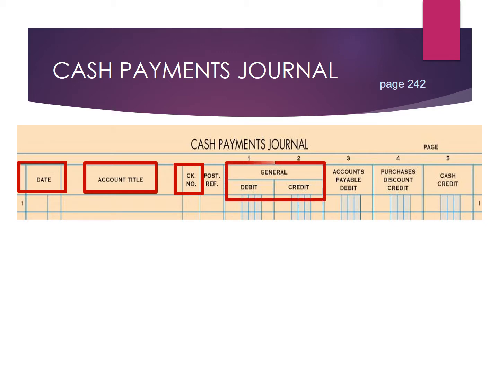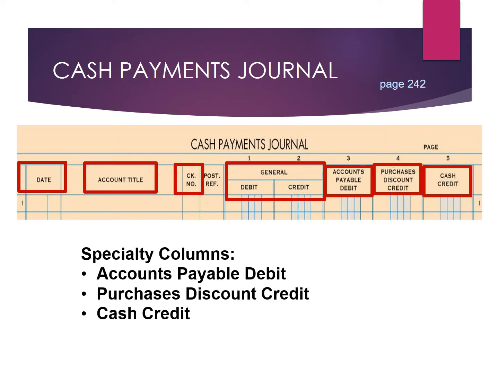We have a general debit and credit column. We have a column for accounts payable whenever it is debited. We have a column for our purchases discount when it is credited. And then we have a cash column for whenever it is credited.